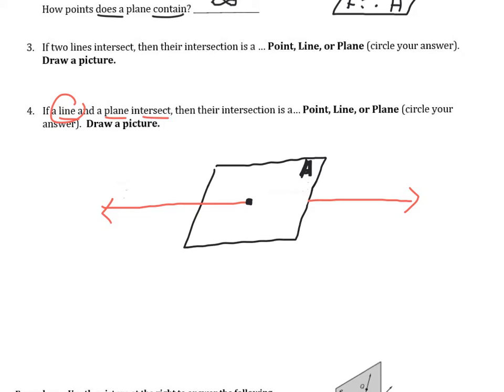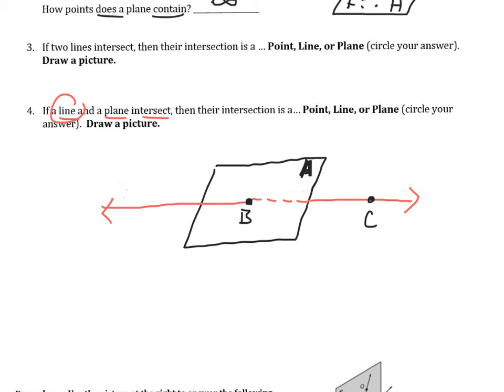So in order to show that it's behind it, I'm going to use a dashed line. So it's going to go through at one specific point. So the next thing I want to do is actually name that point. So it goes through at point B. So let's say this is like line BC.